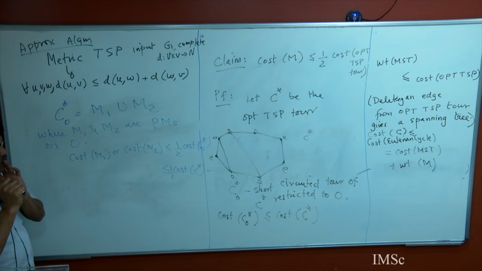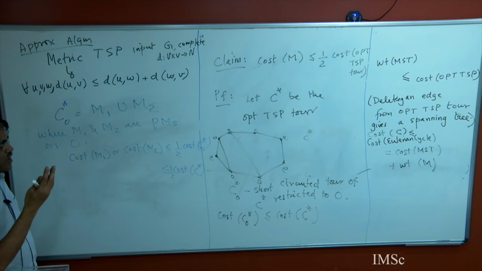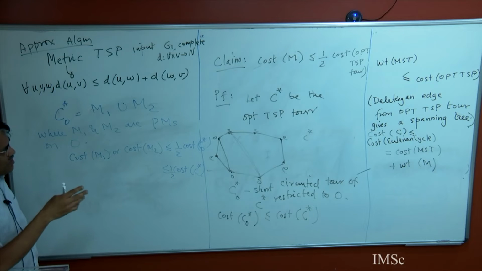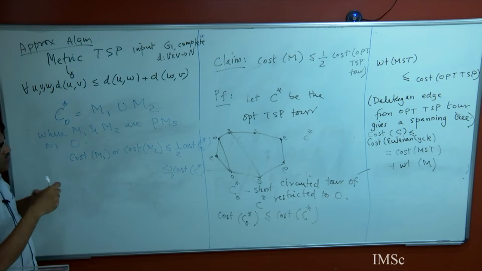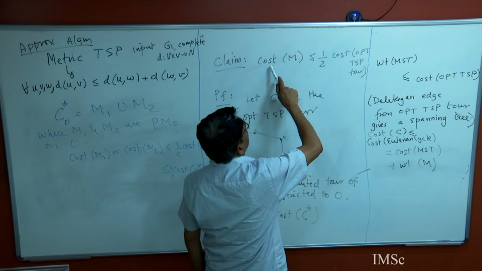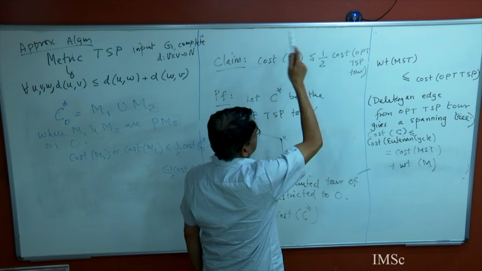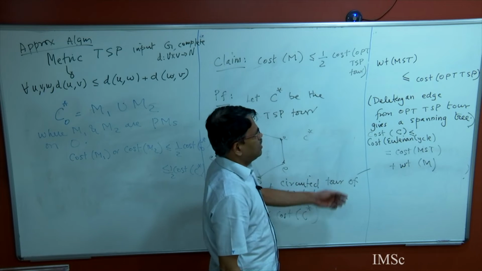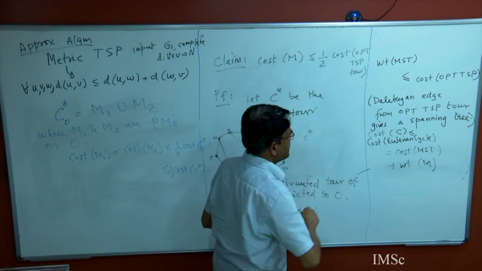Okay, good. So we've seen vertex cover, LP, and a number of algorithms being thrown at using some lower bounds. This is the lower bound which we are using: cost of opt is at least 2 times cost of a minimum weight perfect matching on the odd degree vertices. This is another lower bound we are using.